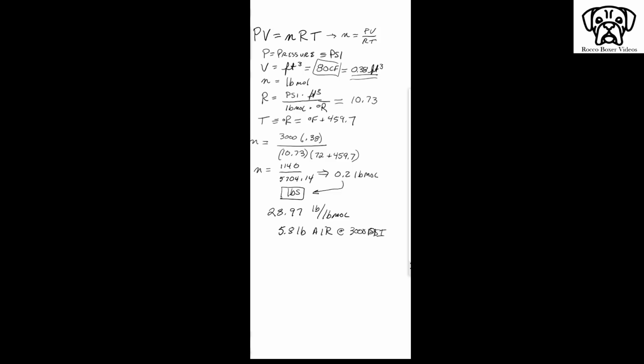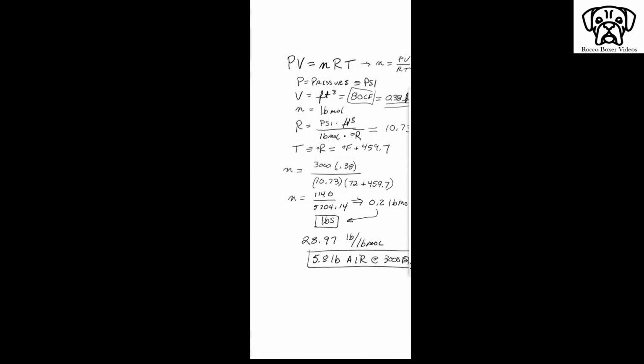So that's how much air is in your tank when you start. When we dive down to 500 psi, which is our reserve pressure, we want to understand how much it weighs. At 3,000 psi we have 5.8 pounds, and we're going to take that down to 500 psi.